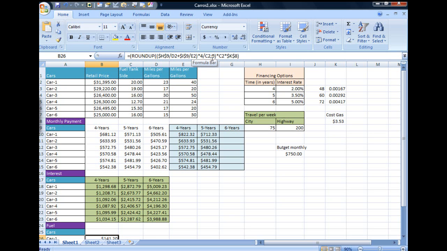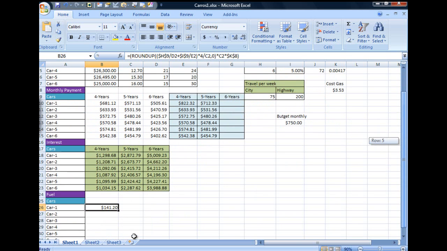This is weekly. And now divided by the capacity of the tank, ROUNDUP, comma 0 means to the whole number, no decimal. Multiply the whole thing by C2, which is the capacity again, in order to find the total gallons, and multiply by the price of the gasoline, which is K8. And you get this answer.